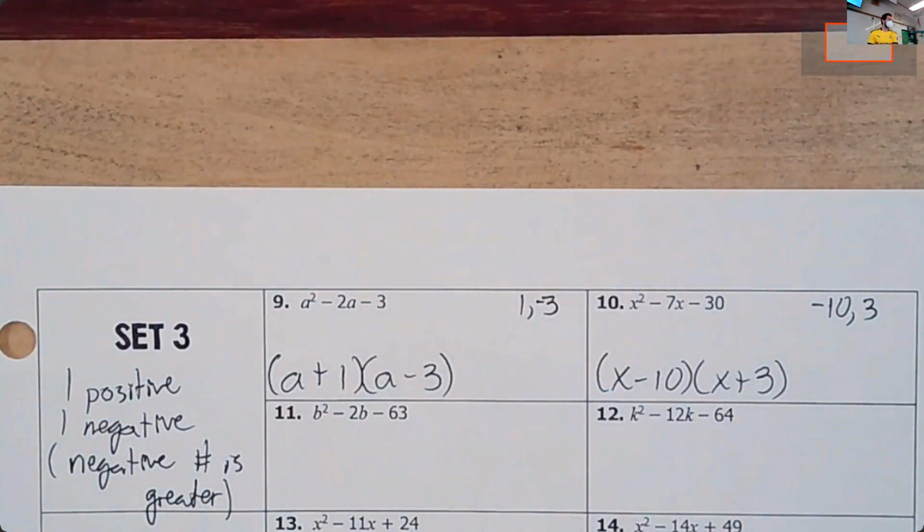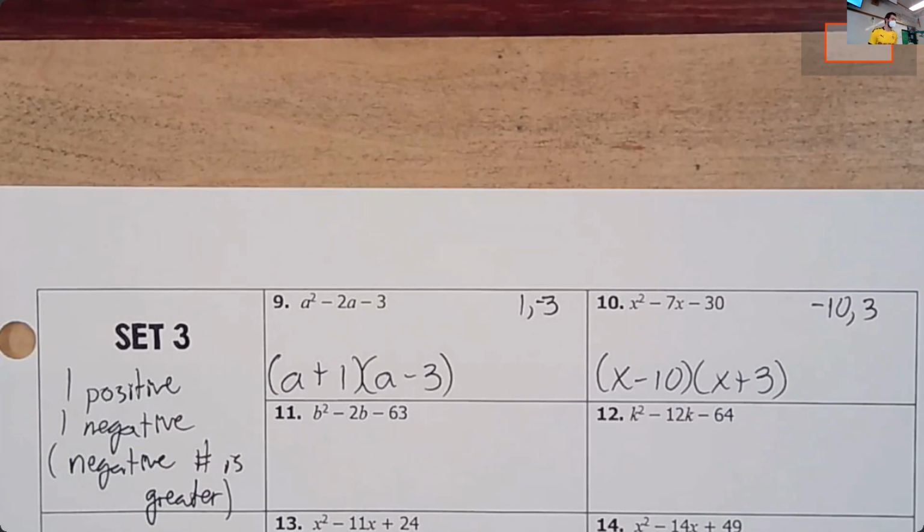Next one, number 11. Just start by thinking of two numbers that multiply to equal 63. There's very few options here. What do we think? Two numbers that multiply to equal 63. It's on the times table.